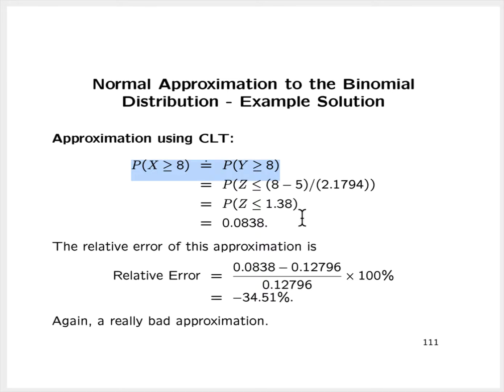When we do that, and go through the calculations for calculating probabilities from a normal distribution, we get an approximation of 0.0838. Now, the relative error of that approximation is really bad as well, negative 34.51%. So a very, very poor approximation.